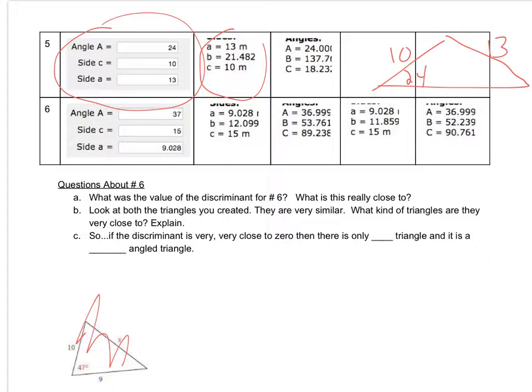You can't possibly get two triangles here because if that 13 comes over here, keeping the 13, it can't be the same. If you want a length of 13 here, it goes right past the base. So it's not possible. If the opposite side is longer than one of the containing sides, you'll only get one triangle. So this is where you're going to get a positive and negative result from the discriminant.